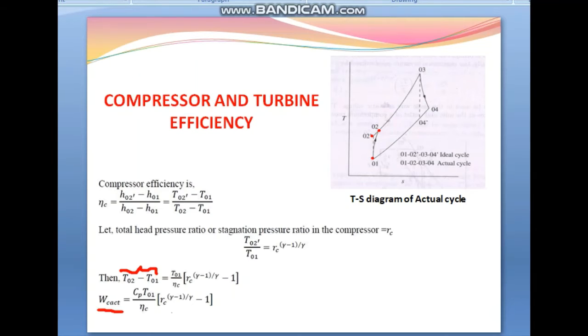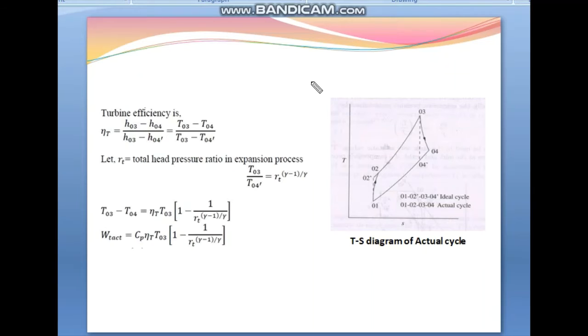Now in case of turbine efficiency, eta t, we can write the actual turbine work output by the isentropic turbine work output.